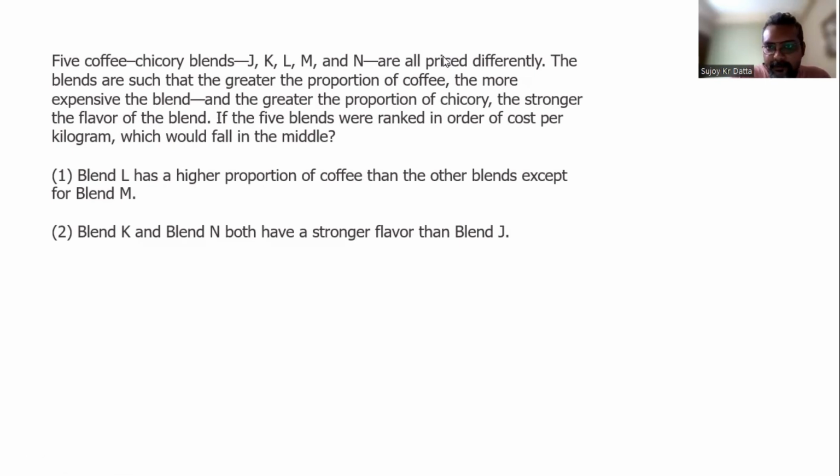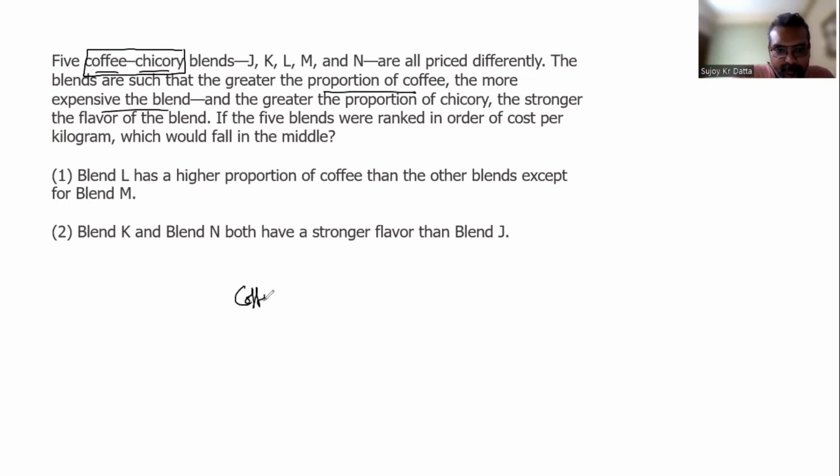So this is comparison. It says there are 5 coffee and chicory blends. The point to be noted is that these are the two things that are being blended. If you don't understand what chicory is, it's just something which is mixed with coffee. Now there are 5 brands, J, K, L, M, N. All are priced differently. The blends are such that the higher the coffee, the higher the price.